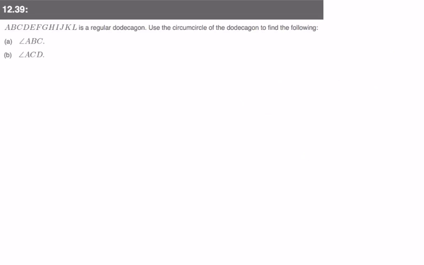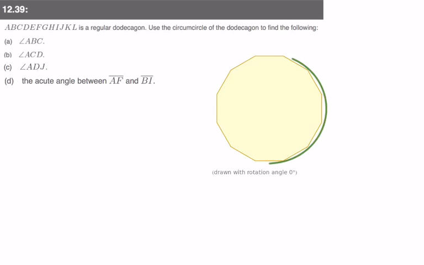Alrighty. Let's look at the next question here. Number 39. So we have a dodecagon. So I believe it's 12 sides. Imagine that's the dodecagon that we have over here. How would you figure out the measure of the angle ABC? ABC would have been that portion of the angle.